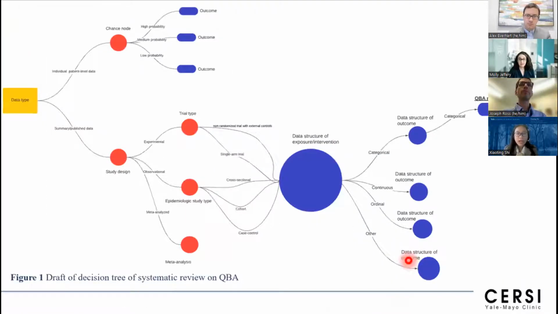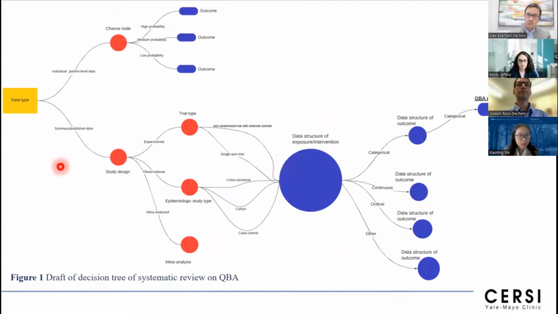After we collect all the important information across all the identified QBA methods, we aim to develop a decision tree. This is a very rough draft of the decision tree, because as you can see, it doesn't really look like a tree right now. But the basic idea is to help researchers and regulators determine the type of QBA methods that is most suitable for their study design.